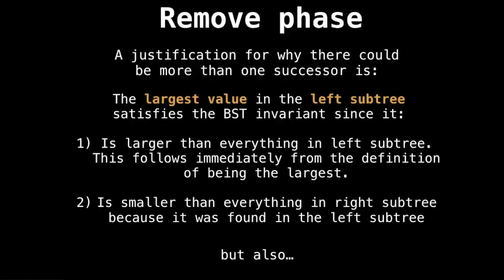And here's perhaps some justification for why there can be 2 successors. The largest value that we can find in that left subtree would satisfy the binary search tree invariant if it becomes a successor, because it would be larger than everything in the left subtree, and this is immediate from being the largest in the left subtree, and also it would be smaller than everything in the right subtree because we had found it in the left subtree.